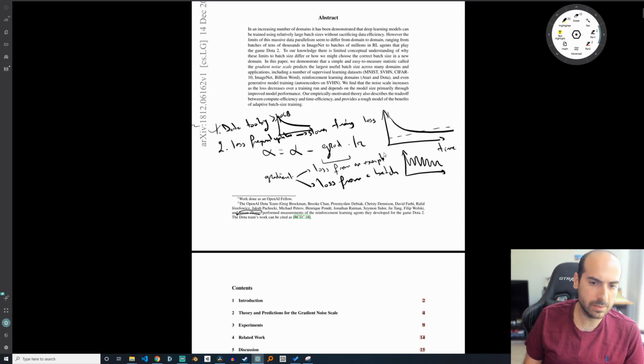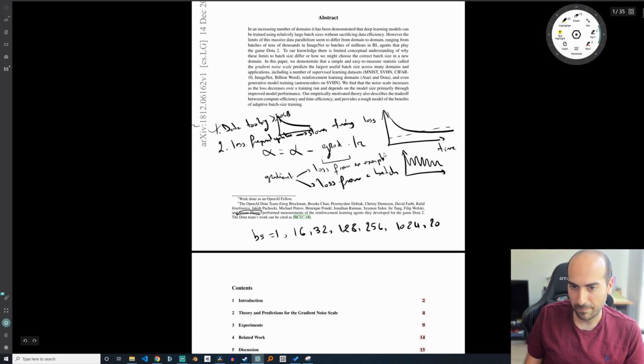Typically you would pick the batch size as a heuristic. Batch size one is a single example. Some very common ones I've seen are 16, 32, 128, 256, 1024, 2048.